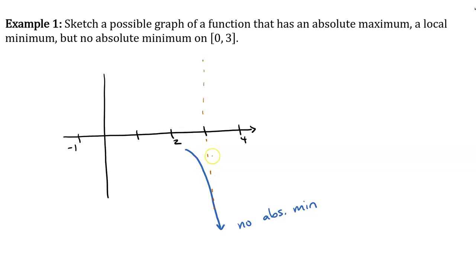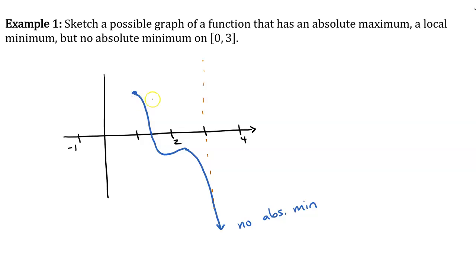So for an absolute max, I'll need a maximum somewhere. We'll just put it here. But I also need a local minimum. So if that's the no absolute minimum, then I'll need just a wee bit of a wiggle to give me a local minimum, and then an absolute max.